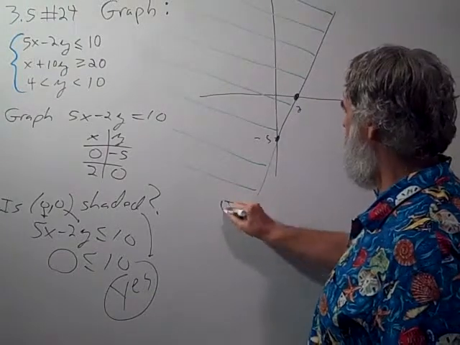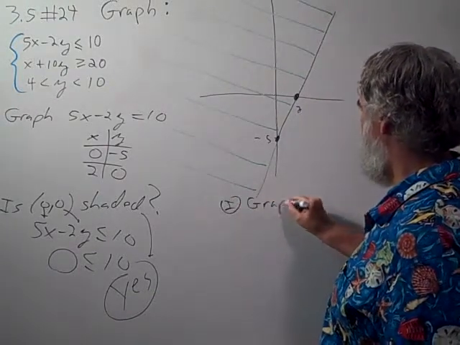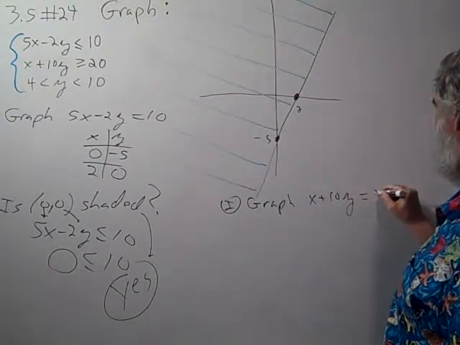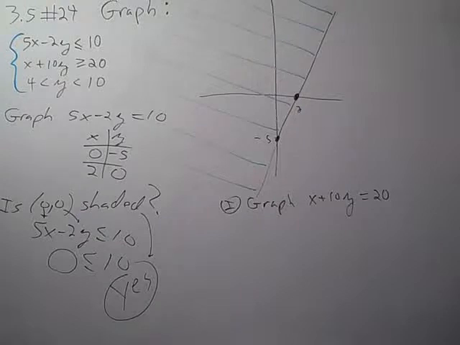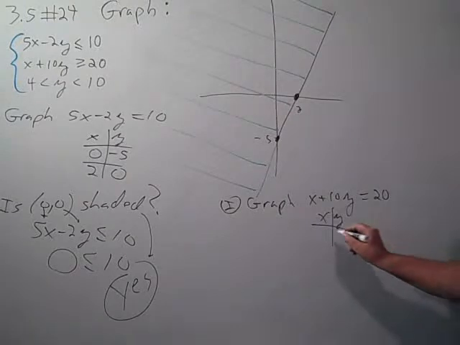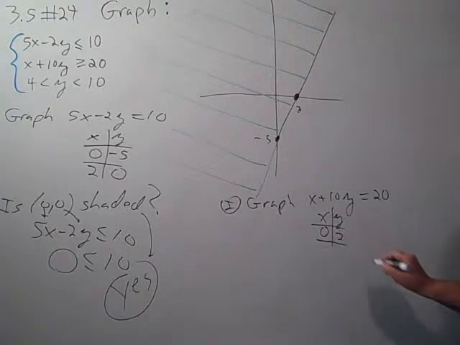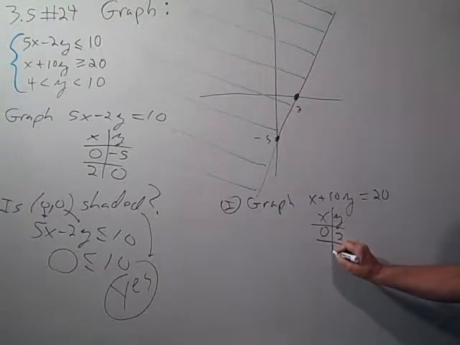So first of all, we have to graph the line x plus 10y equals 20. So let's find 2 points that are on this line. Now if x is 0, then 10 times 2 is 20, so y is 2. There's 1 point on the line.